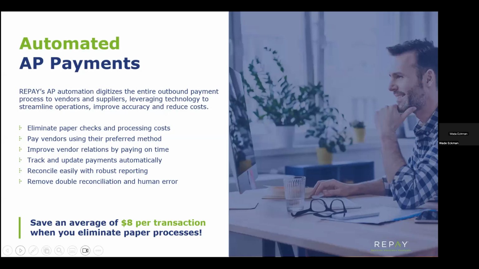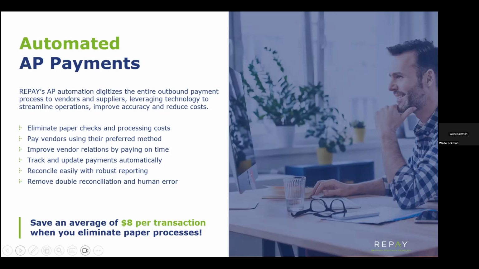So what Repay does, when we talk a little bit further on about supplier enablement, vendor enablement, for our clients, all the payments are just Repay payments. And we're doing real-time decisioning when the payments are due to determine, well, this vendor will actually accept a virtual card, so it's free. We can pay them by card. We're executing the payment, and then the end customer has a free payment method, and they get a rebate back based on the interchange from the card transaction.